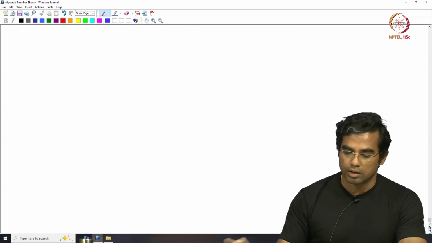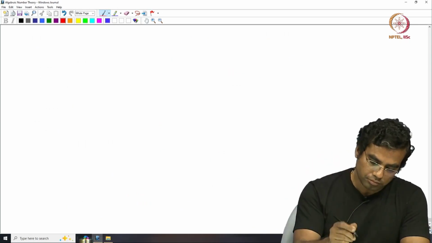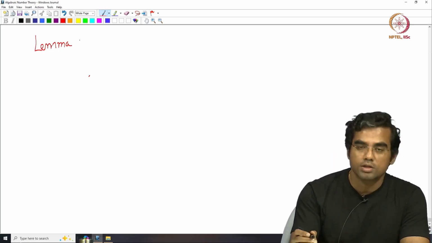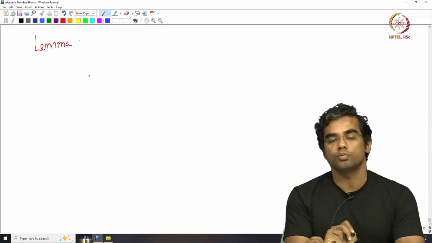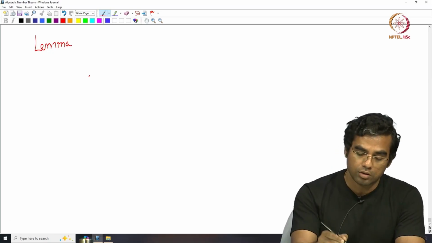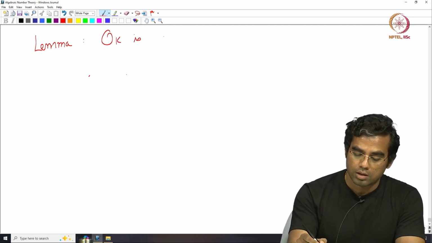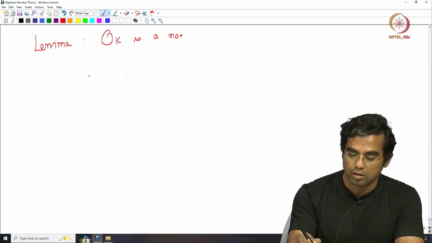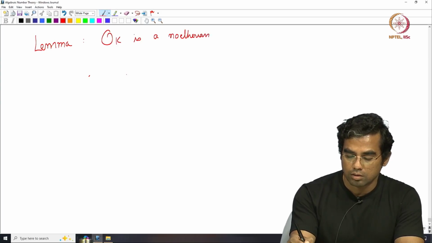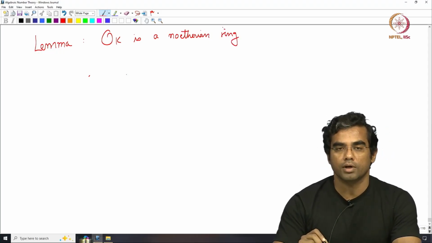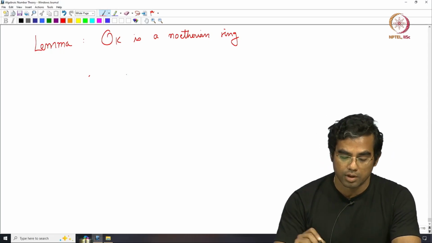So, let me write that down as a lemma. The notation is fixed until we finish the proof that OK is a Dedekind domain. So, the lemma simply says that OK is a Noetherian ring. This essentially follows because OK is a finitely generated Z algebra.